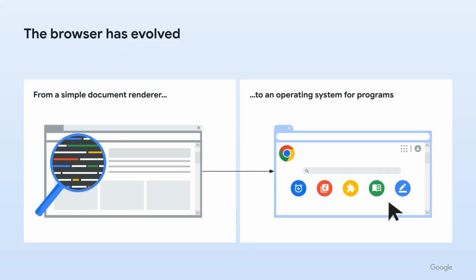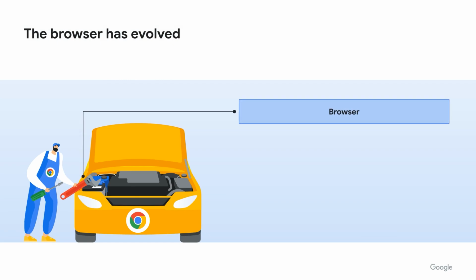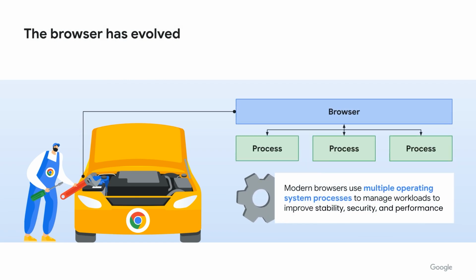As the early web grew, websites evolved from simple documents that could easily share a process into active programs. This changed the web browser's role from a simple document renderer to an operating system for programs. Modern browsers such as Chrome use multiple operating system processes to manage this workload, which improves stability, security, and performance.